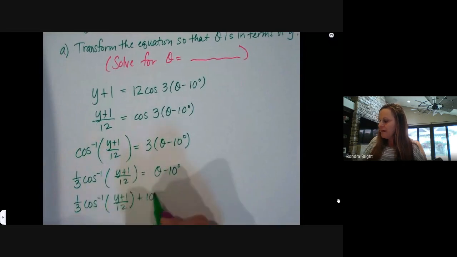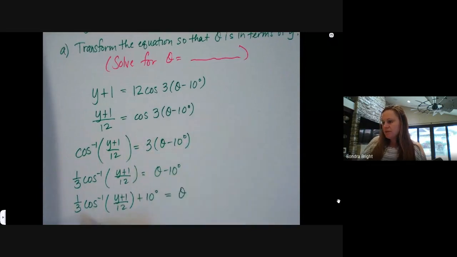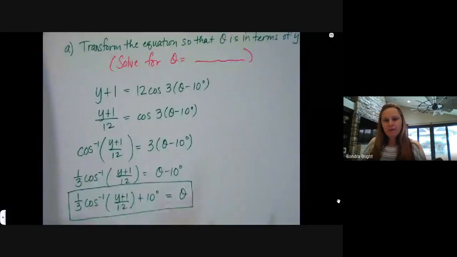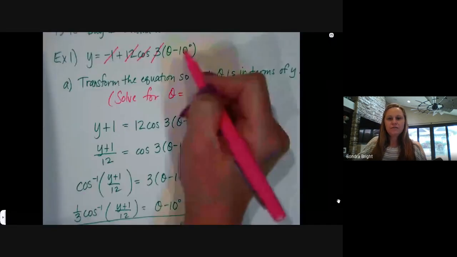I have now rewritten the equation that had y equals blah, blah, blah. I now have theta equals blah, blah, blah. That is your answer. I'm going to go back up here and cross out the minus 10 degrees just to show that, okay, I took care of everything. I got everything over to the other side.